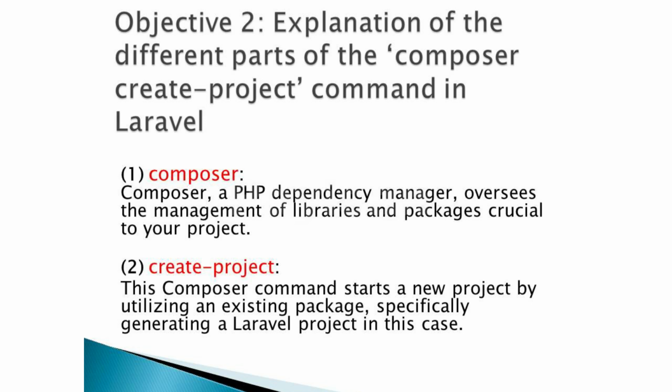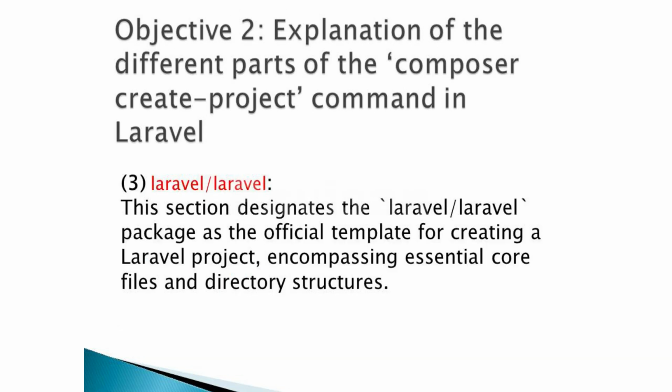So in this case, the new project we want to build from one that already exists is a Laravel project. Then that laravel/laravel says this is the package that will serve as the model for our new project. It is the correct package that has all the important files and the directory structure for our Laravel project.